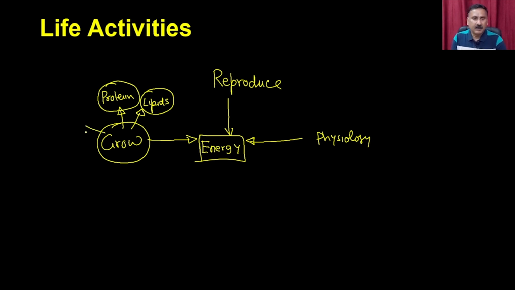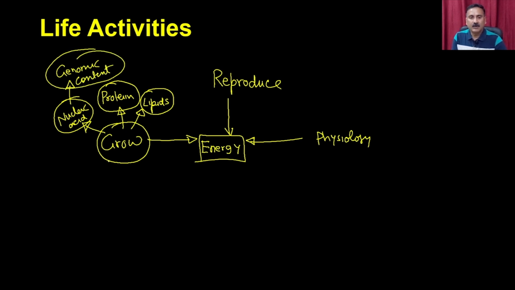Apart from that, it also has to synthesize the nucleic acid, right? And that nucleic acid is required for serving the purpose of the genomic content of the cell, right? So it's going to work as the genomic content. And because when you want to grow, you also have to produce the more and more different types of cells, right? And for that purpose only you require the different types of synthesis of the different types of molecules.